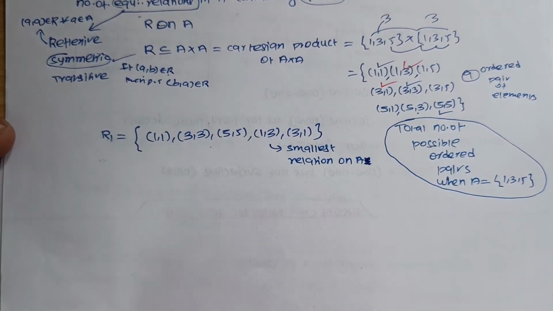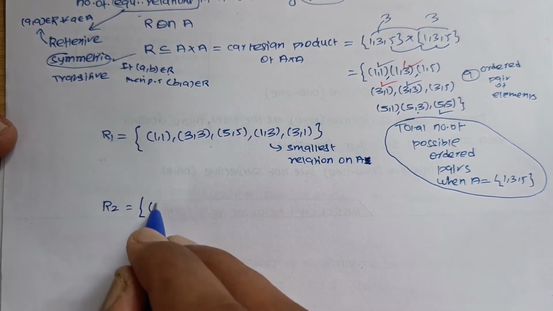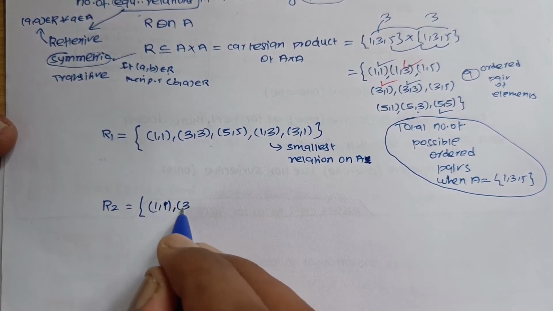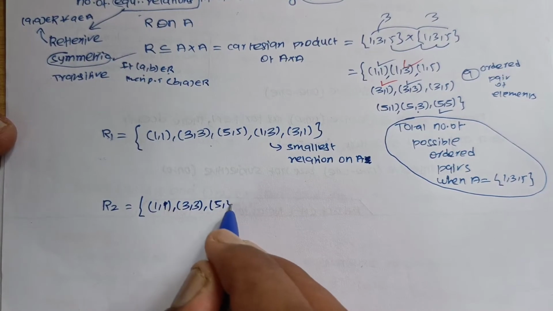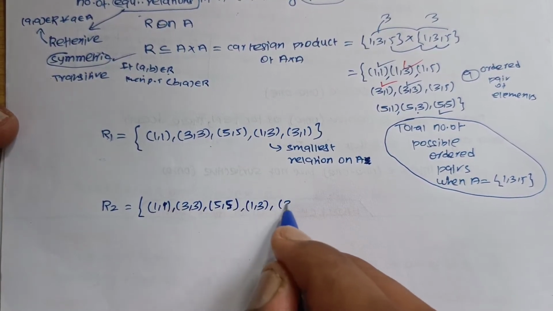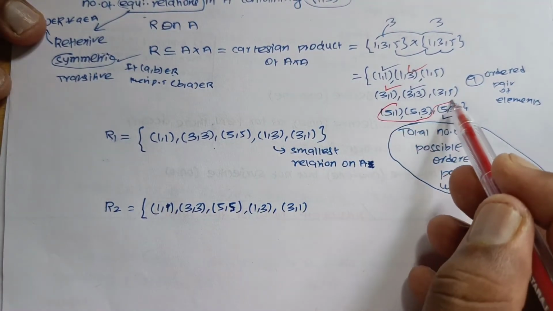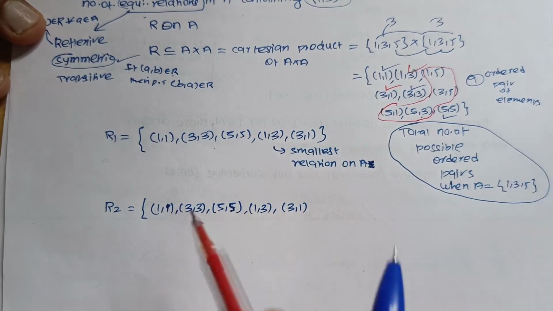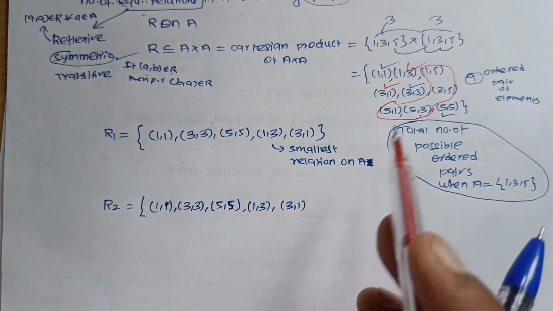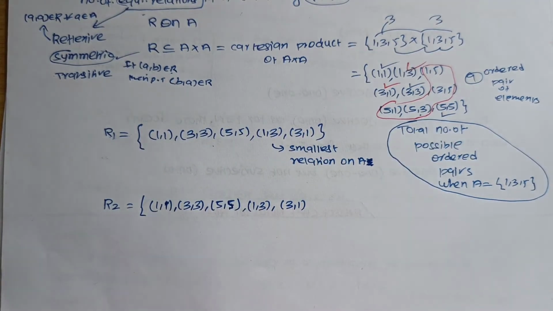Then R2. Take the same elements from R1: (1, 1), (3, 3), (5, 5), (1, 3), (3, 1). Then we have only 4 remaining elements, since the other 5 were fixed in R1.